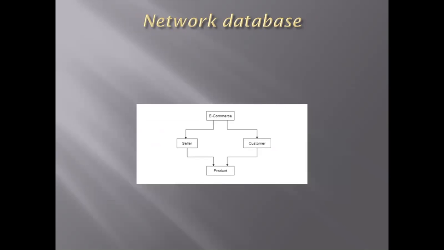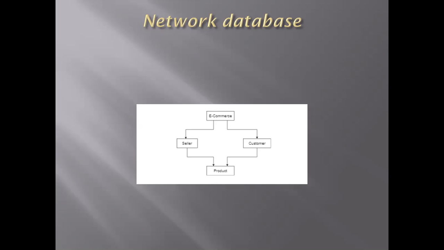Next one is the network database. Network database means that it is an interrelated connection between the different networks. That is called a network database. For example, at a time we can access the database from multiple PCs. So this is called a network database.